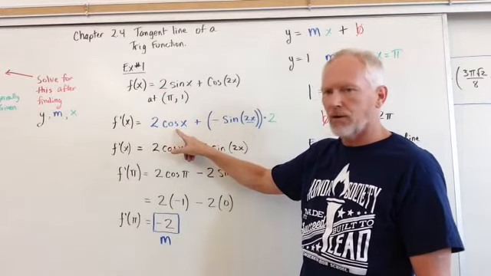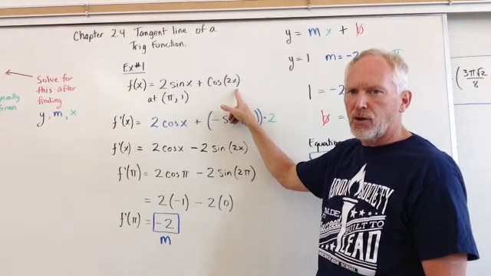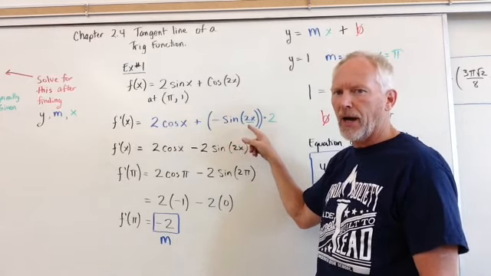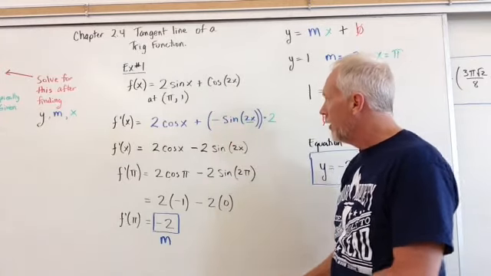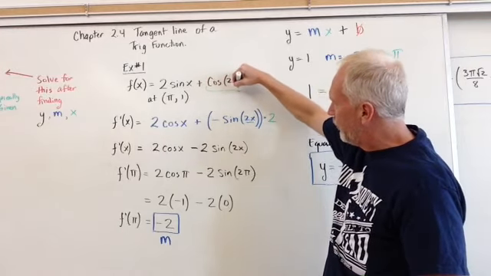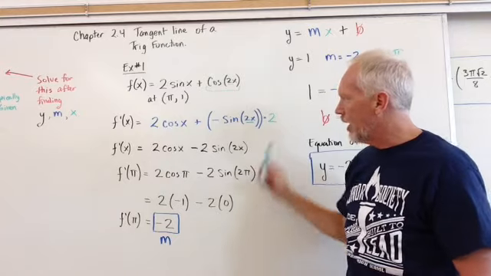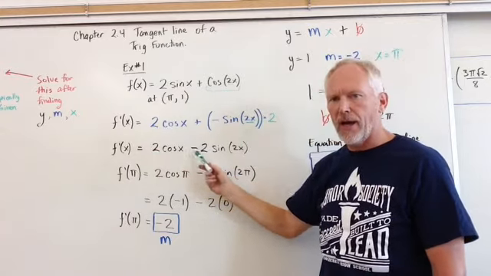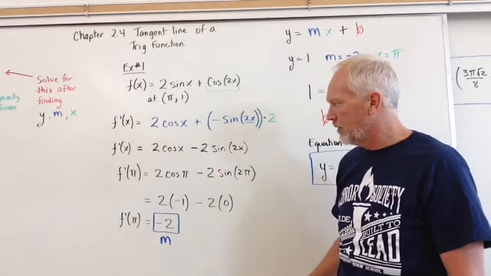The 2 stays constant, plus the derivative of cosine 2x, again, is negative sine of 2x times 2 of the inside piece. Recall that we have to take the derivative of not only the whole thing, but also then of that inside piece. All right, so when we simplify that, we get 2 cosine x minus 2 sine 2x.